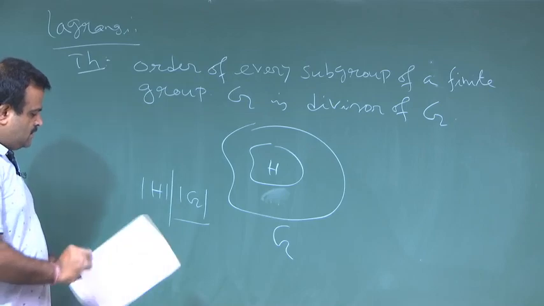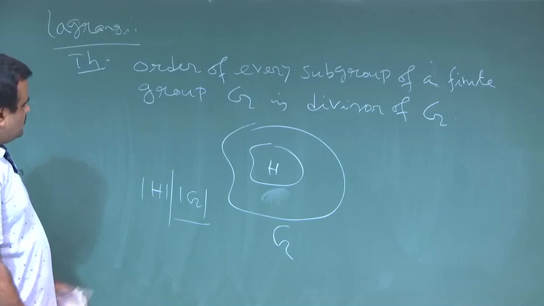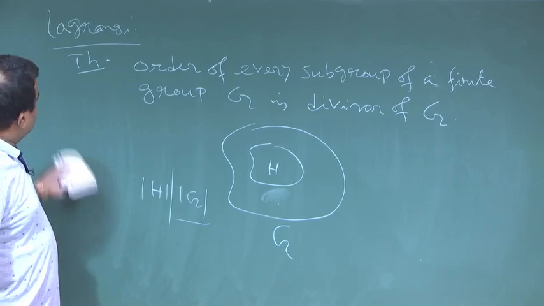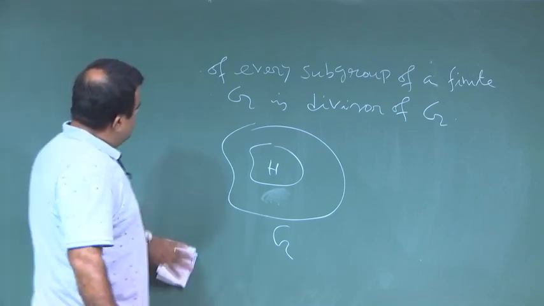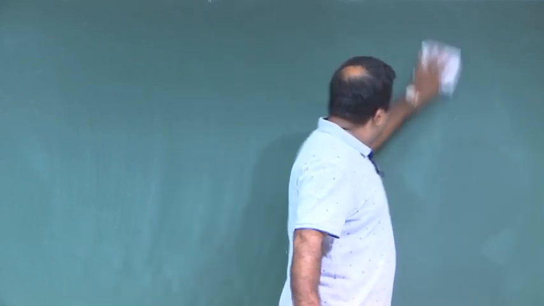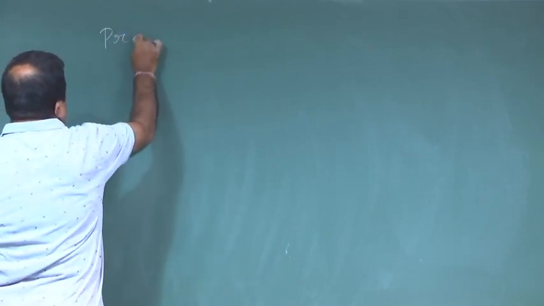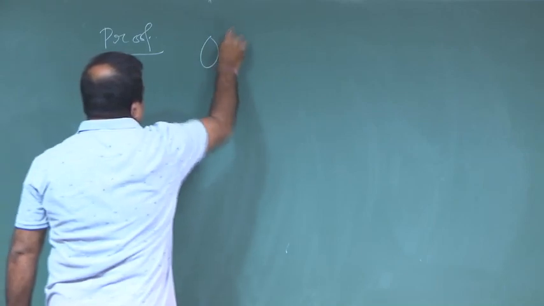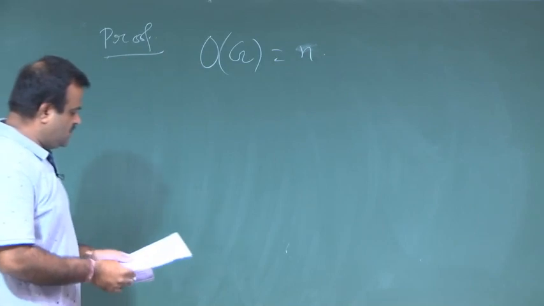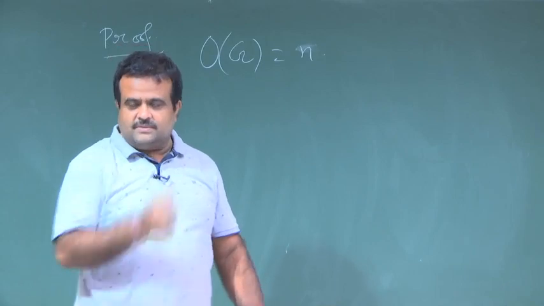Okay, so this is called Lagrange's theorem. So, we have to prove that. Any order of a subgroup divides the order of the group. Order means the cardinality. So, how to prove that? Now, suppose the order of this group is n, say there are n elements in this group G. Now, we know that the partition is basically the cosets.